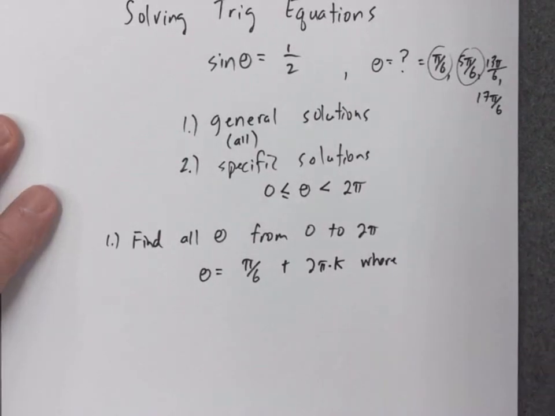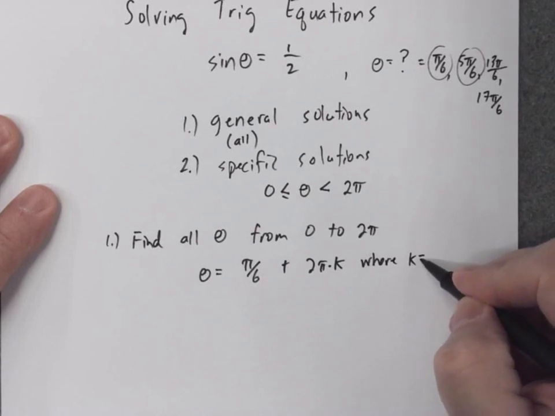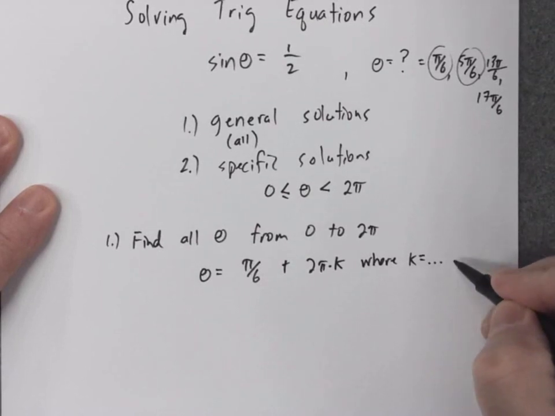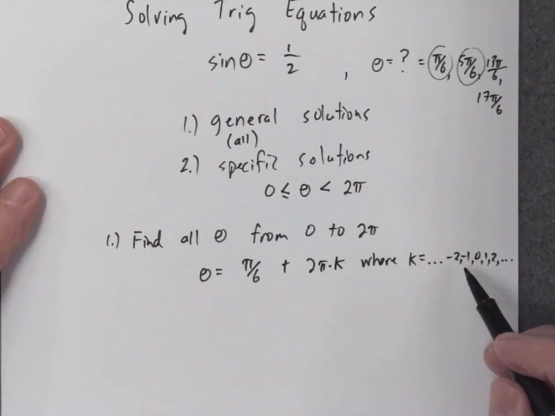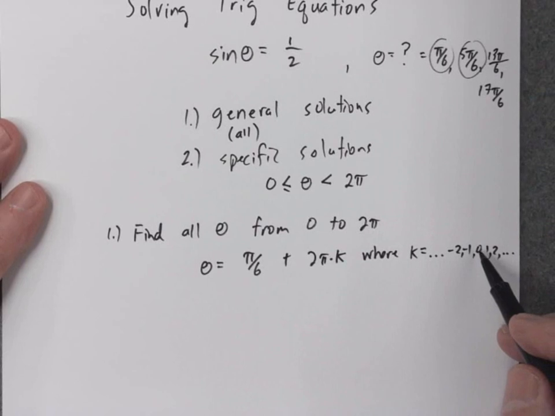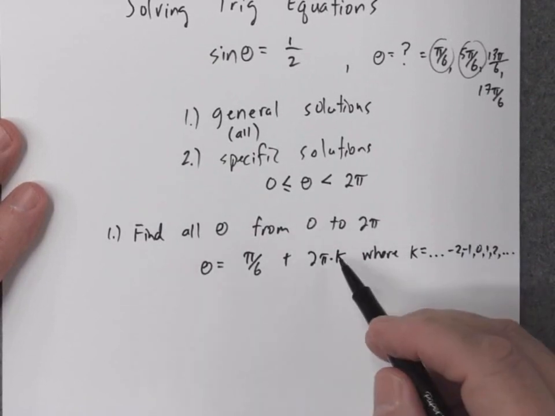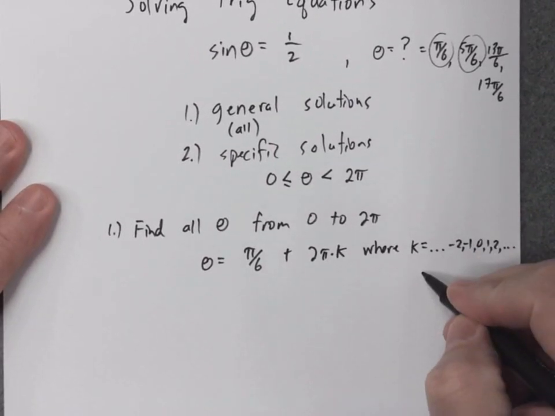K is called a counter, where k equals -2, -1, 0, 1, 2, and so on. In other words, normally you start at 0 and your first solution is you plug in 0 for k, just so it's clear, maybe for this first one.